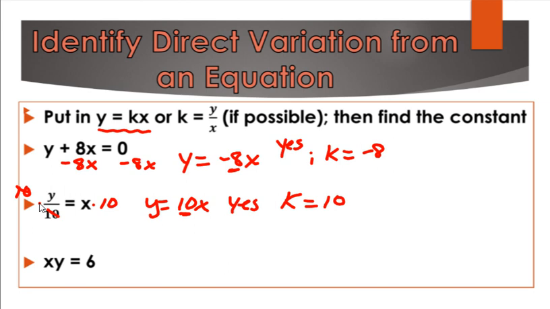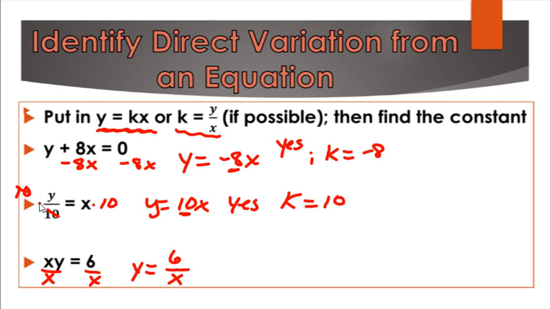The third example, solve for y. So I divide by x on both sides. I have y equaling 6 divided by x. Now I can see my two forms of direct variation. I can either have y equals k times x, or I can have k equaling y divided by x.